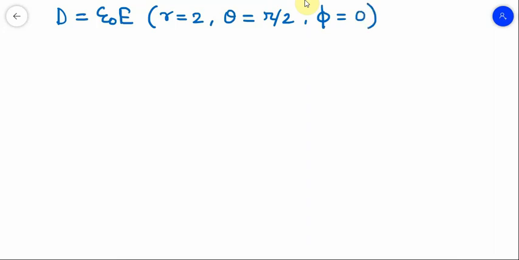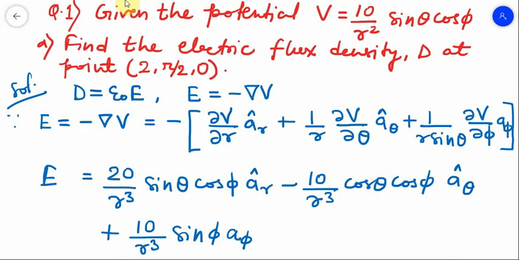We will calculate E at these points and multiply by epsilon. E is 20 upon r cube sin theta cos phi minus 10 upon r cube cos theta cos phi plus 10 upon r cube sin phi.